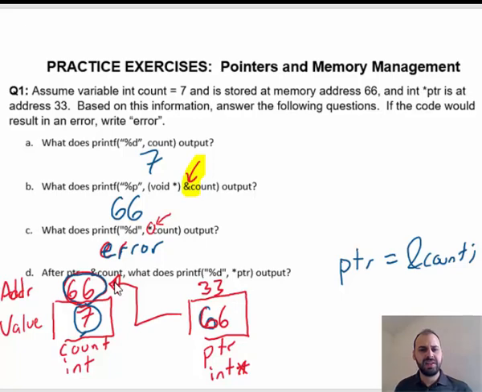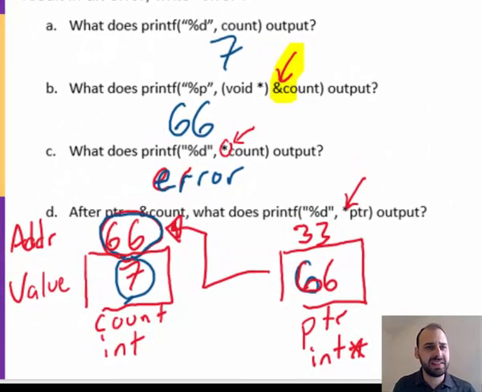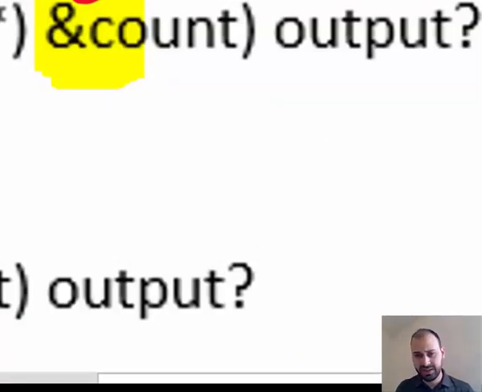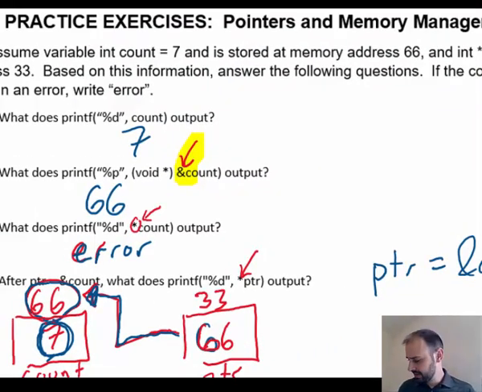So now, if we dereference pointer, what that's going to give us is we are going to follow that line. We're going to follow the address that's contained in the pointer variable, and we're going to grab the value here, which is 7. So the result of this part for D, the answer to that is 7.